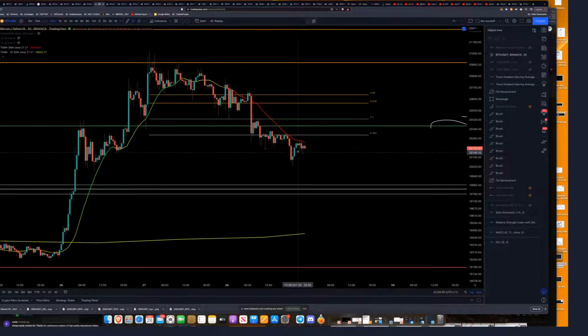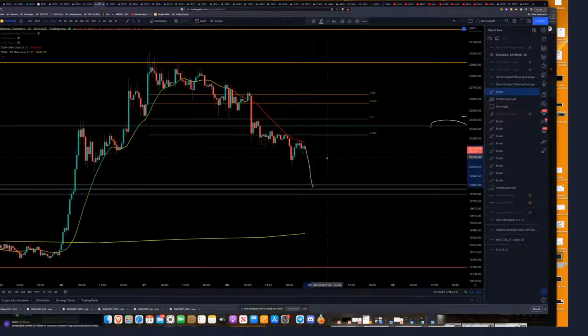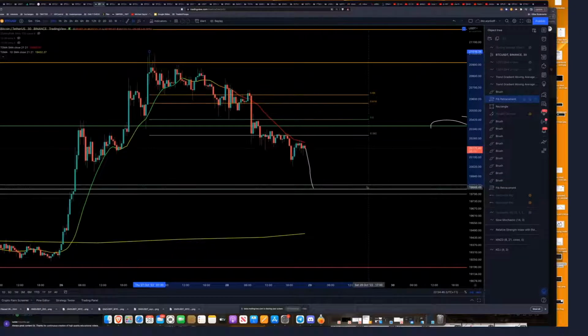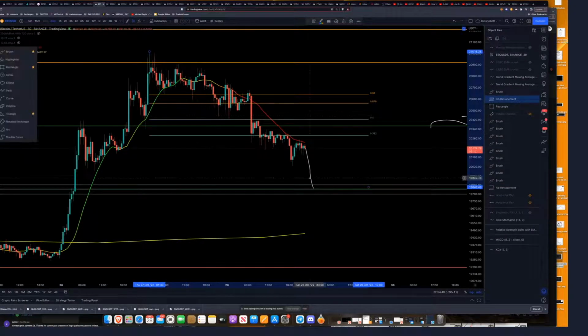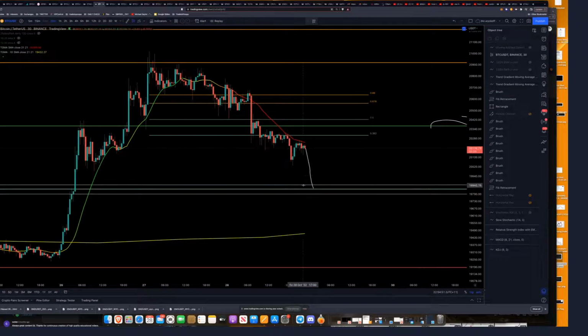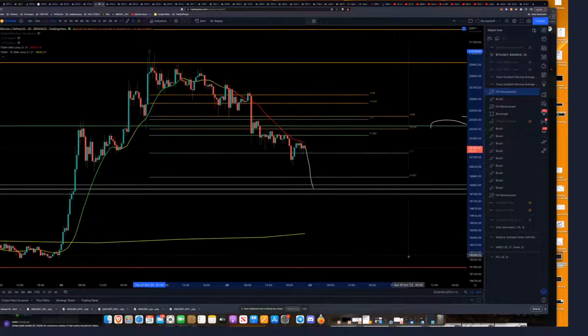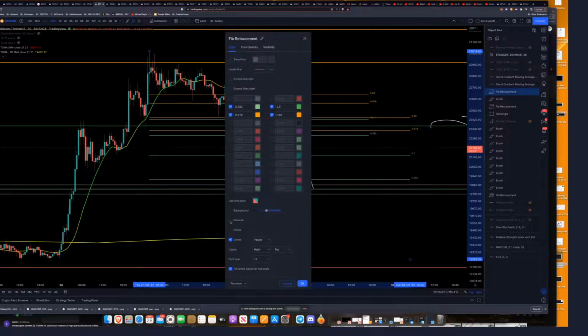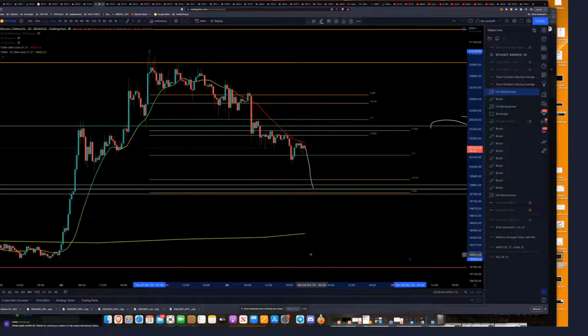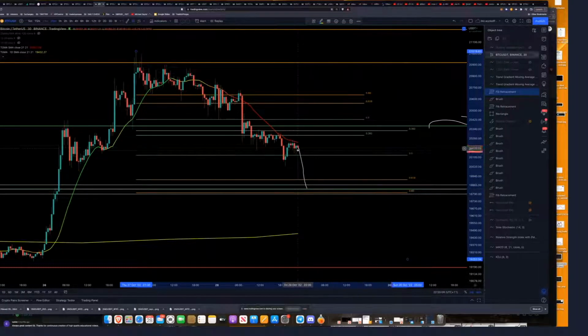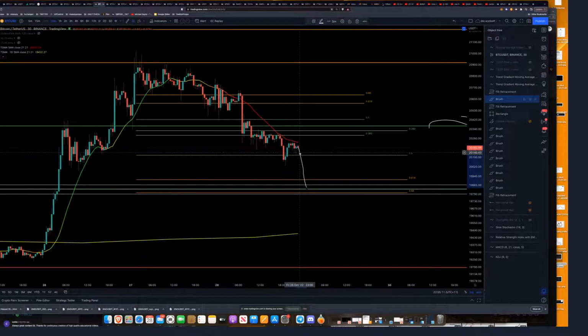So if we were to drop here, and we get our Fibonacci, yeah, so that's our 618 area as well. Okay. So the golden ratio stuff's really working on this one.